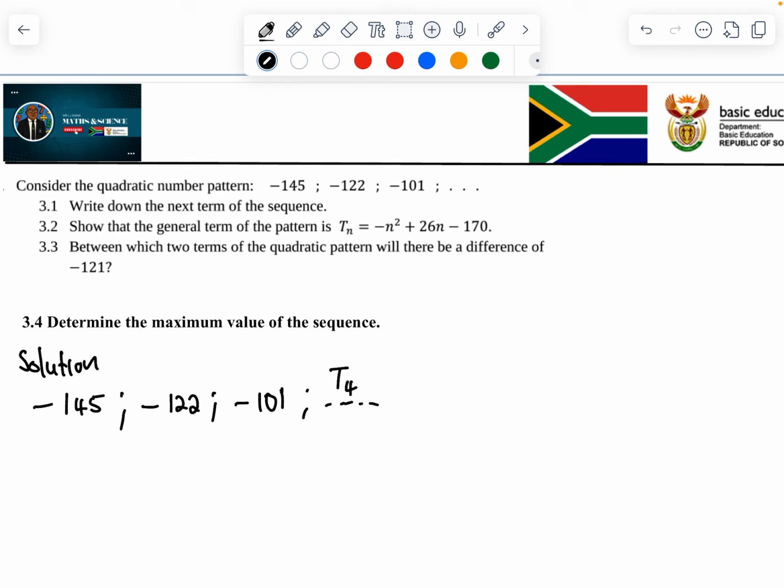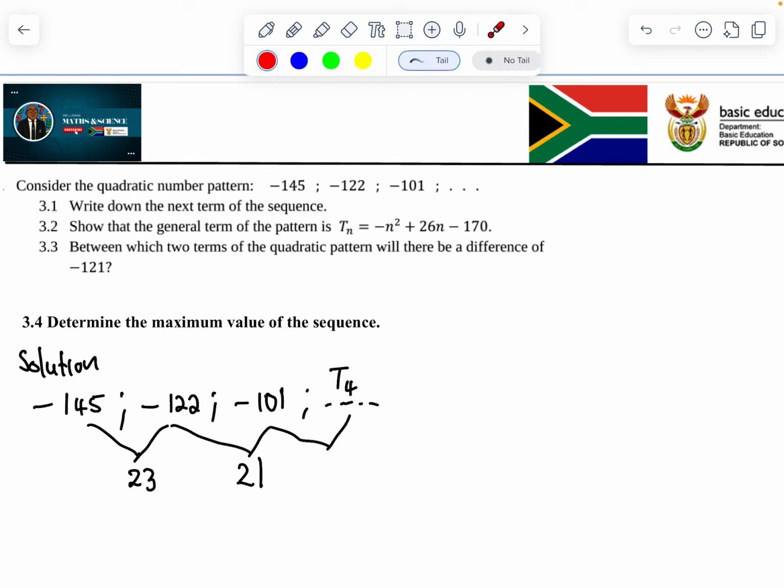So to get term number 4, which is the next term, I'll get the first difference first. So -122 minus -145, that is 23. And -101 minus -122, that's 21.